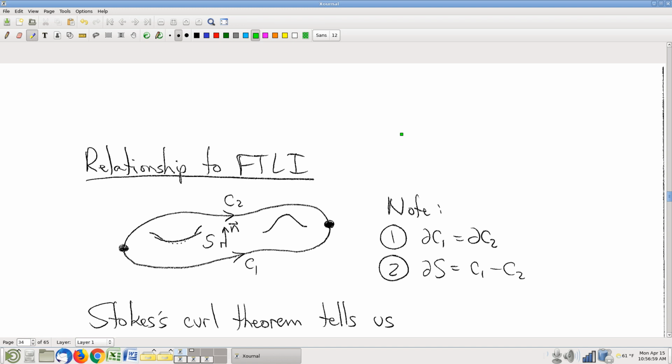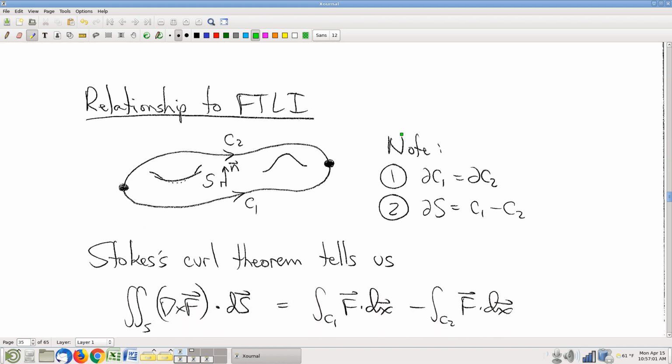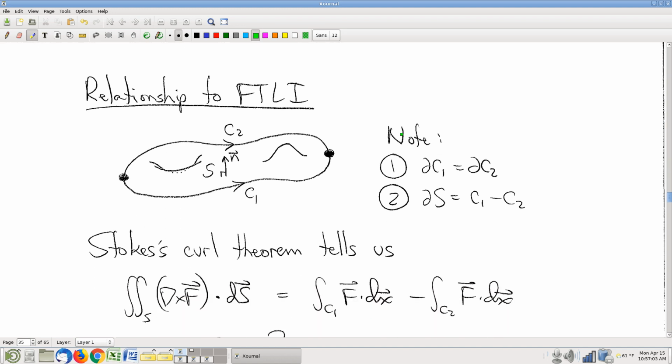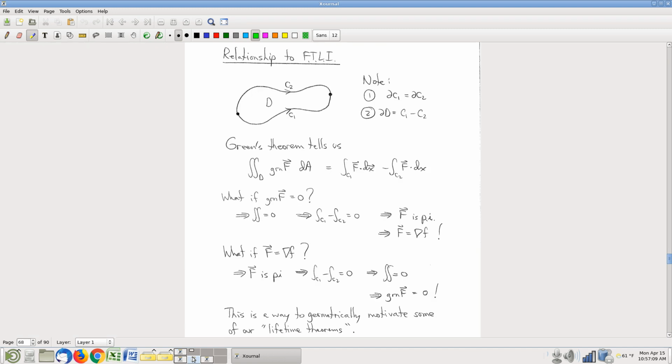So y'all may recognize this page. Not exactly, but you may recognize the way that this picture is drawn and the layout. In fact, here's the page you are probably thinking of. There was a page where we talked about how Green's theorem connects back to things that we had previously discussed in the context of the fundamental theorem of line integrals.